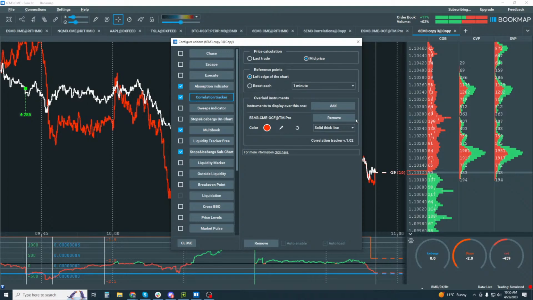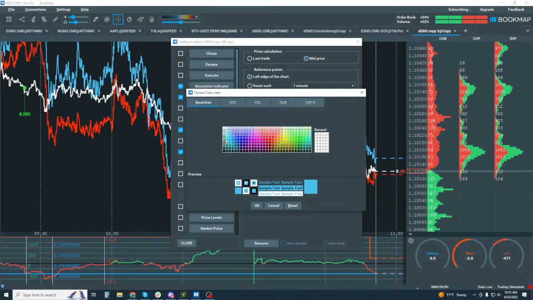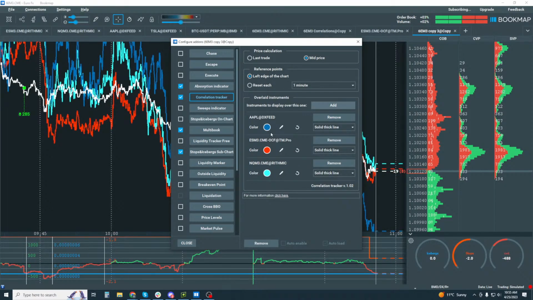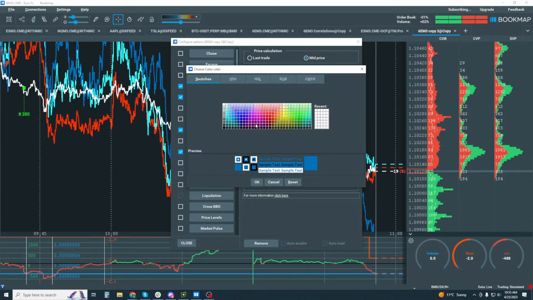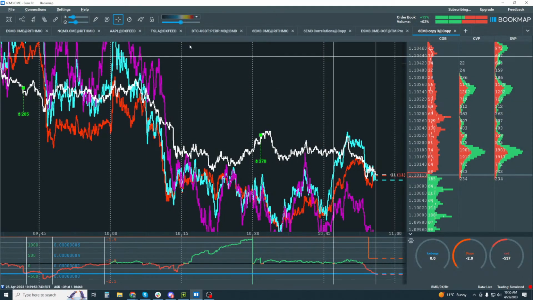The NASDAQ I added in here, and I gave it this blue color, I think it was more like this color here, and then I added the Apple as a purple, and that's it. Okay, that's it, and there you go.